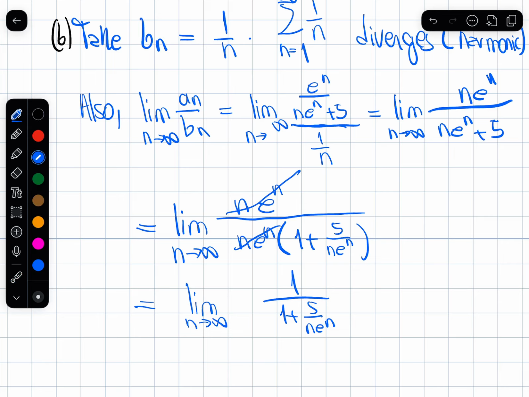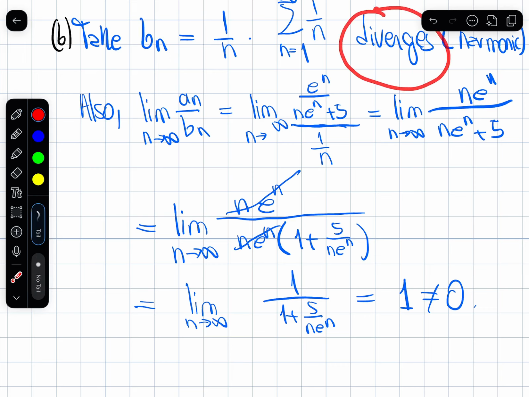It didn't have to go to 1, it just happened to. As long as it goes to something non-zero, I'm fine. This diverges, which means the other one that I was given also diverged.